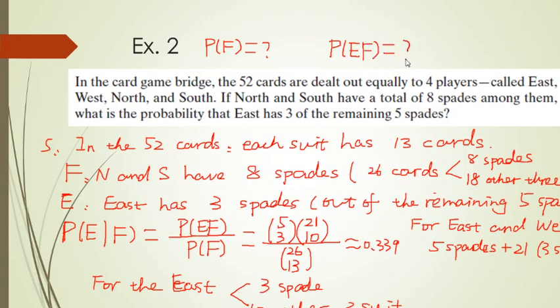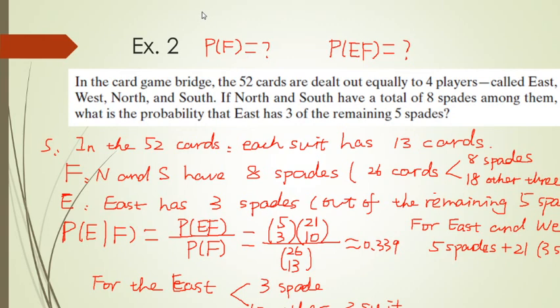But here you need to think about the sample space. If you are going to evaluate the probability of event F and event E and F, you need to think about the sample space. So how many different outcomes are in the sample space if you evaluate it this way?